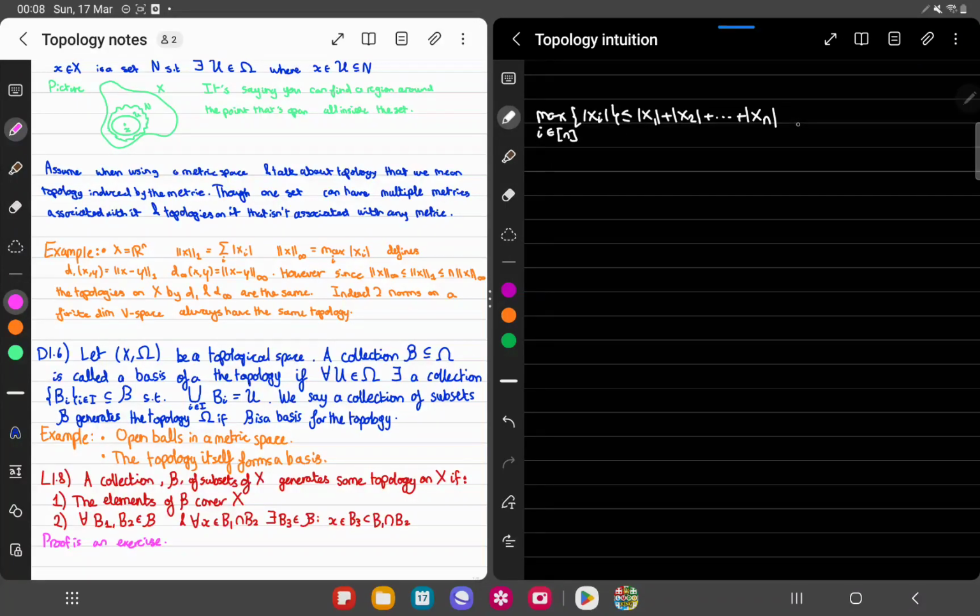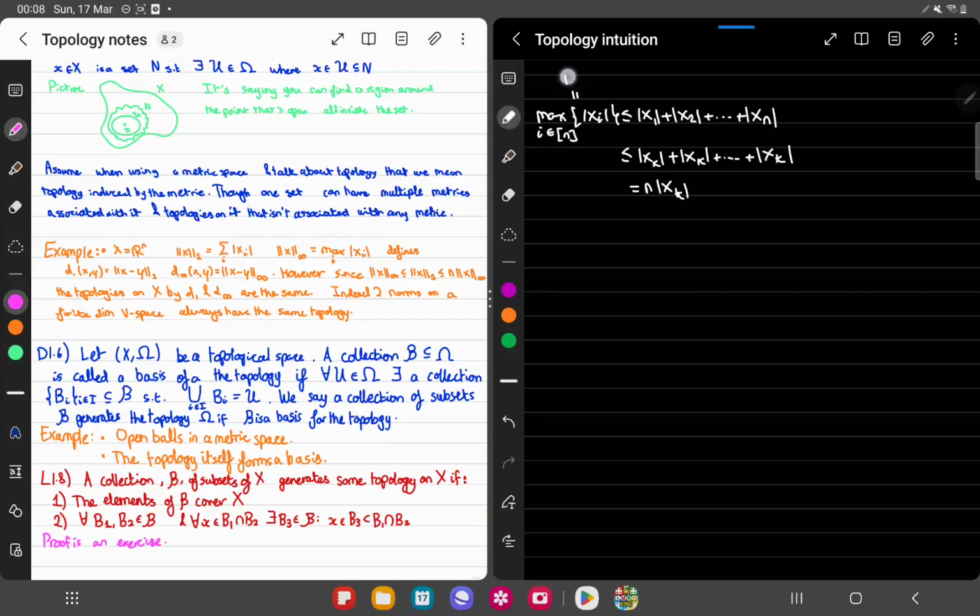And in the worst case, everything here is at most the biggest thing it could possibly be among this list, i.e., at most |x_k|, which is n times |x_k|, because it's one for each index.